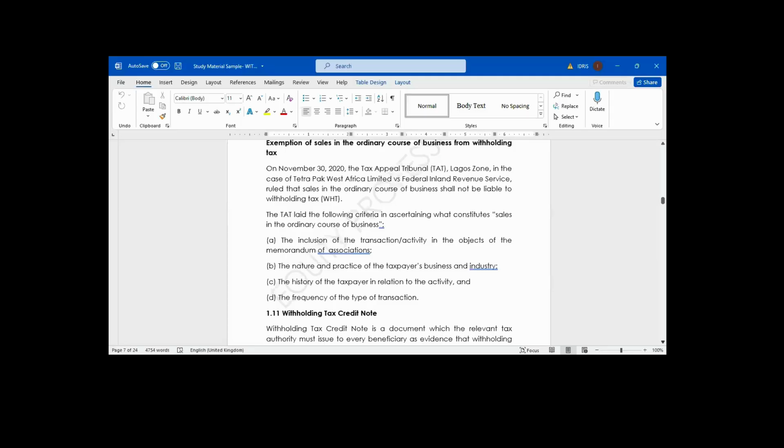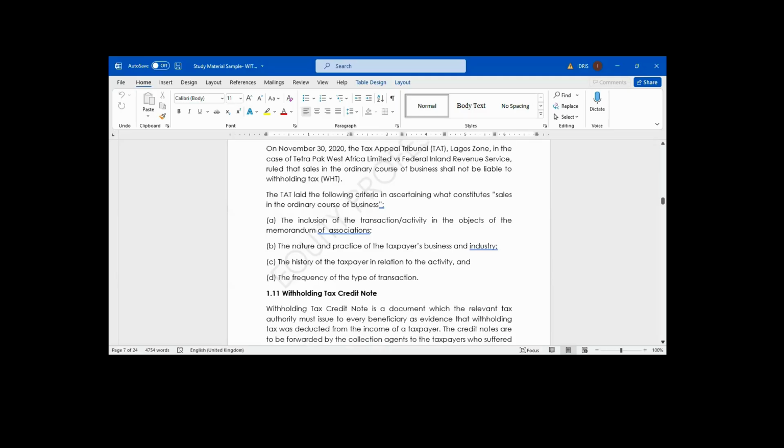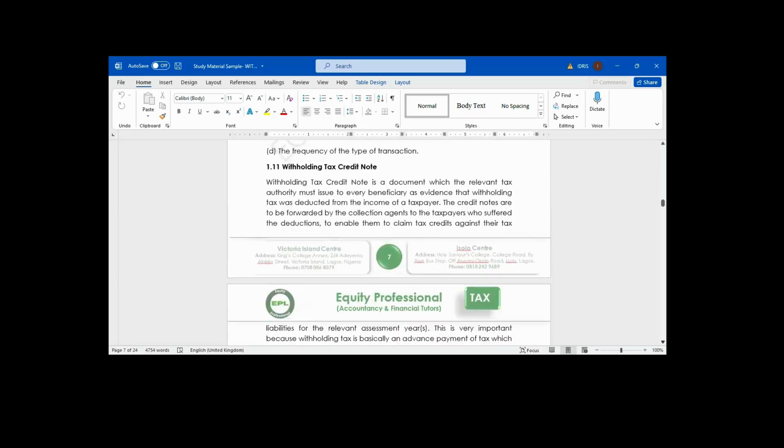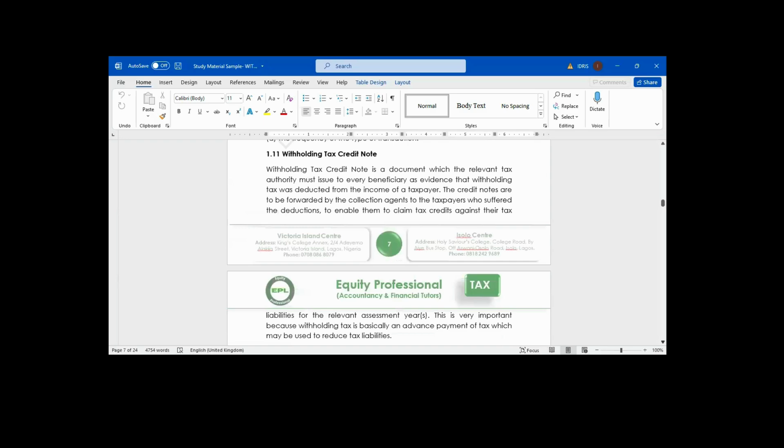And the last one is the frequency of the type of the transaction. So these are the factors that constitute sales in the ordinary course of business.